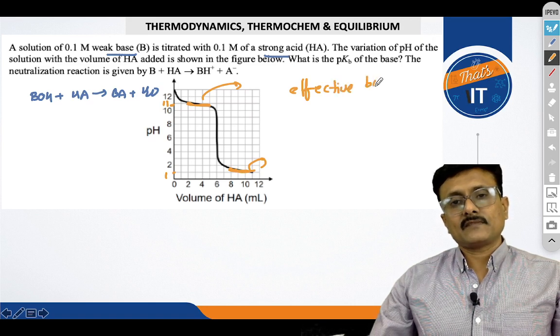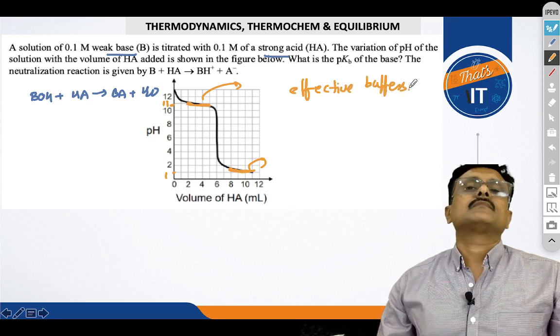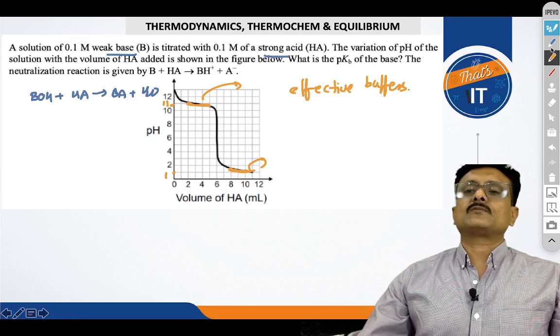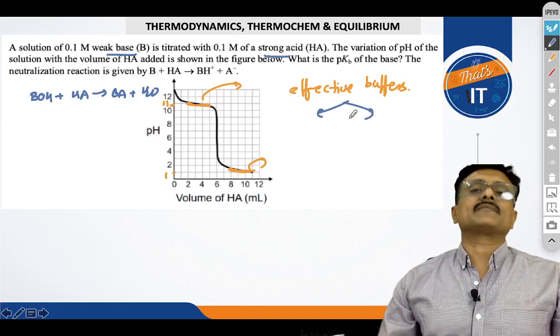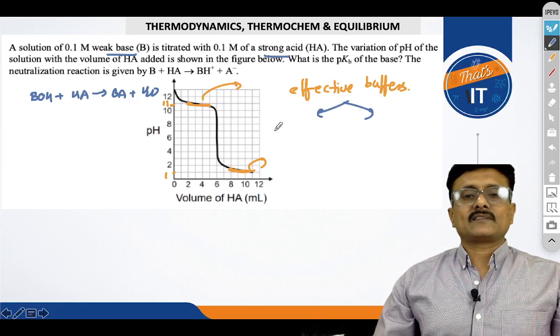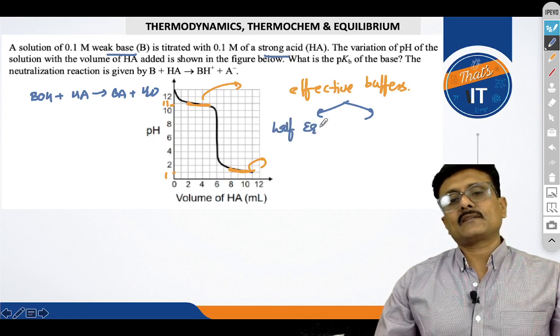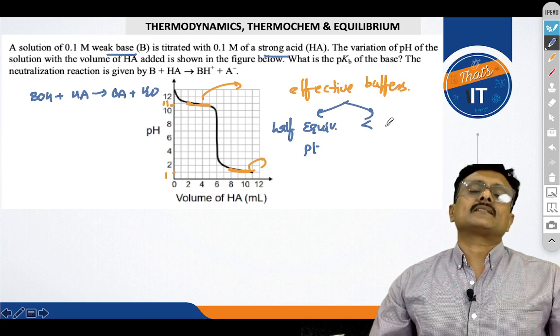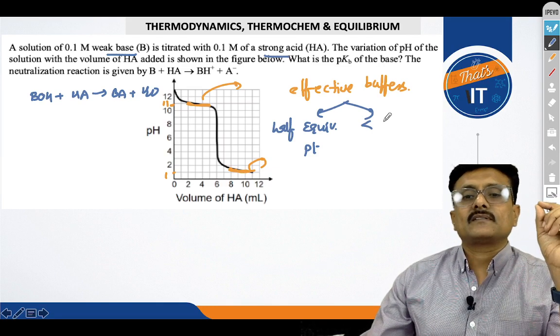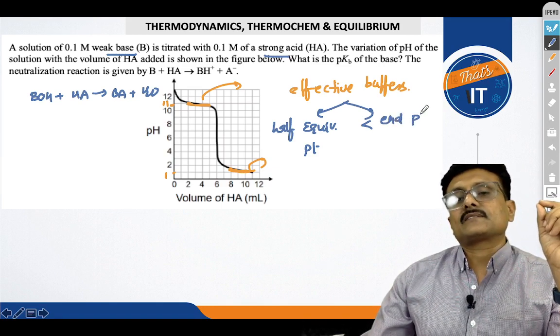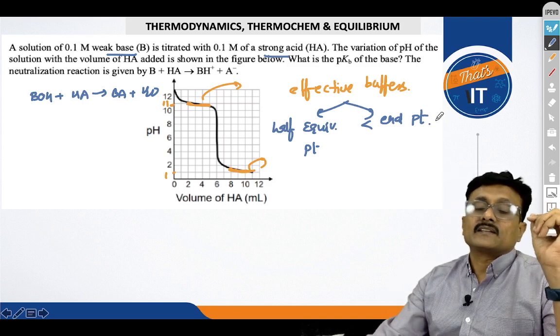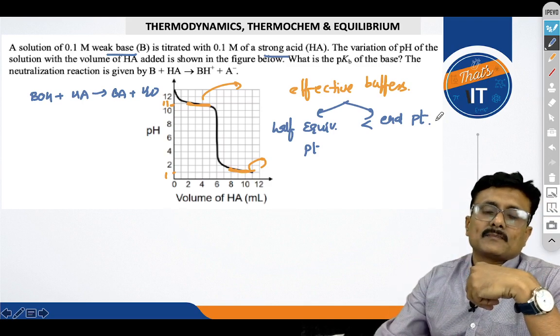The effective buffers, right? There are two instances where the buffer will function effectively. One is at the half equivalence point. Second is near the end of titration, not almost completion of the titration.